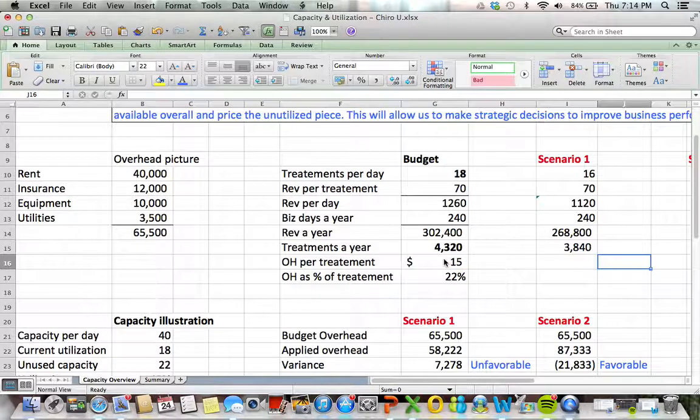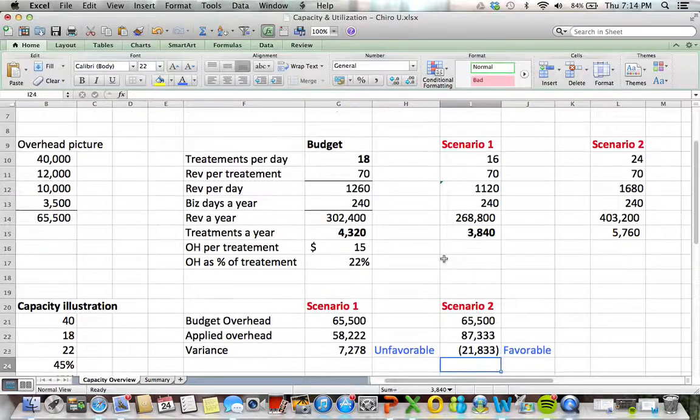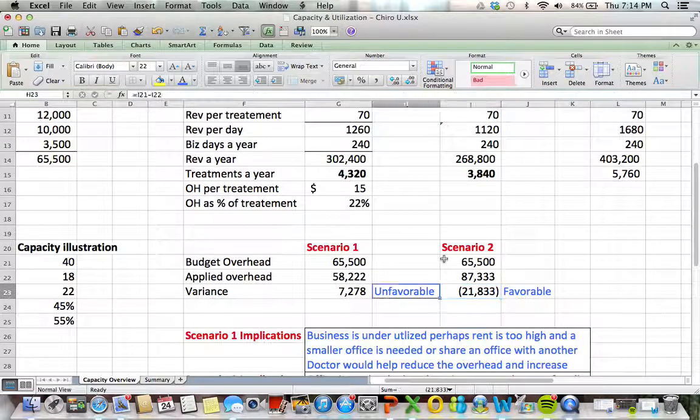Now, say what happens is that we have a different volume all of a sudden in one scenario. Say I'm doing only 16 treatments per day, so that results in 3,840 treatments per year. Now, how do I apply this overhead?